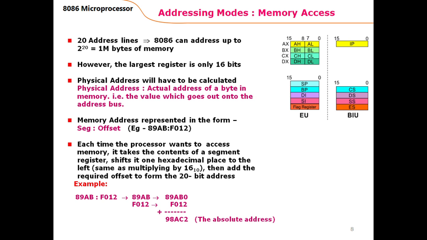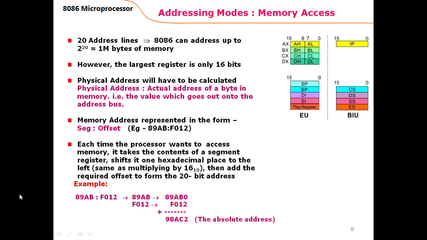It is equivalent to multiplying it by 16 in decimal, and then with that shifted value, the 16-bit offset shown here is added with the shifted content of the segment, and then one gets a 20-bit address.